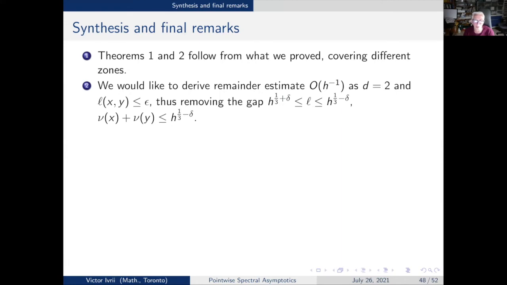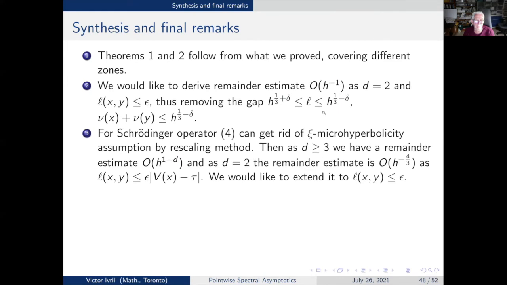And it would be nice to get the estimate h to the minus 1 for d equals 2 without this tiny gap. And actually it can be done assuming, for example, some flatness, but it is not worth our efforts.